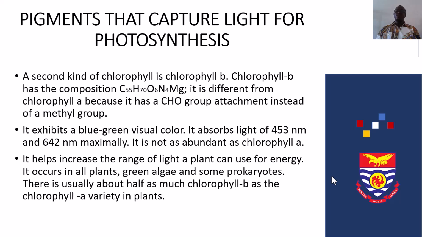It absorbs light of 453 nanometers and 642 nanometers maximally. It is not as abundant as chlorophyll A. It helps increase the range of light a plant can use for energy. It occurs in all plants, green algae, and some prokaryotes. There is usually about half as much chlorophyll B as the chlorophyll A variety in plants.